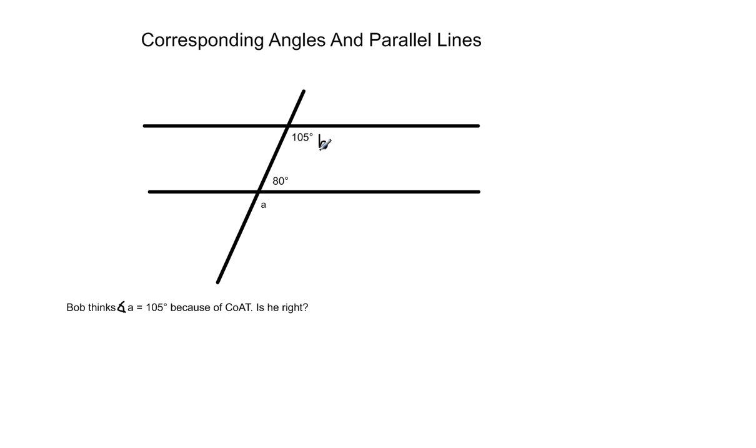We'll call this angle B. We don't know if angle A corresponds to angle B in value. It's in the same spot, so they're corresponding angles, but they're not necessarily the same in value. Why? Because you're not told that this line, I'll call it line M, and line L, are parallel. So is Bob right? Based on what we're given, Bob's wrong.